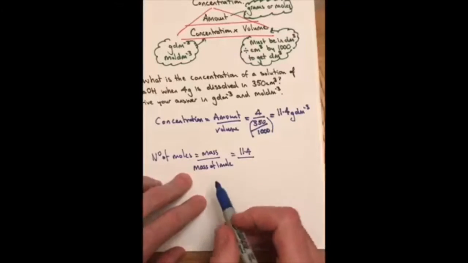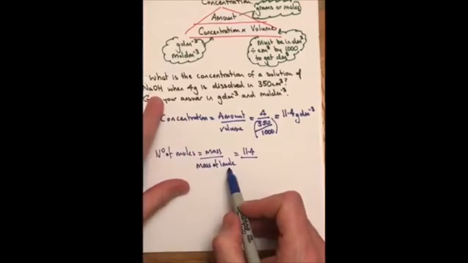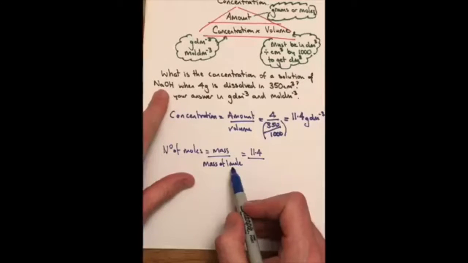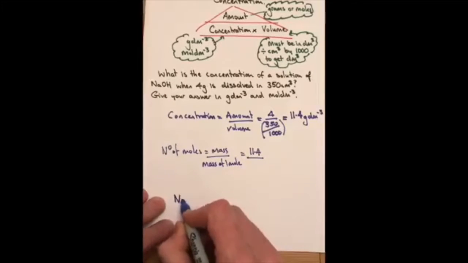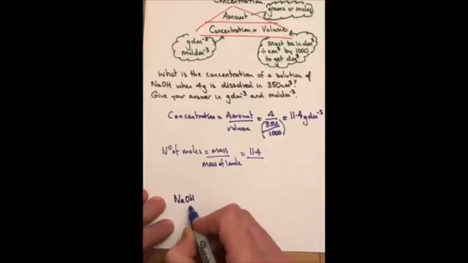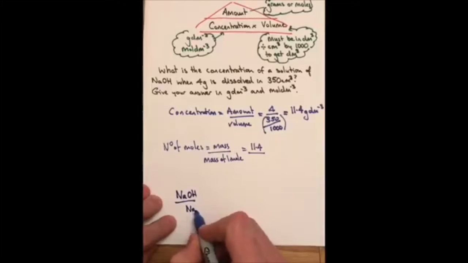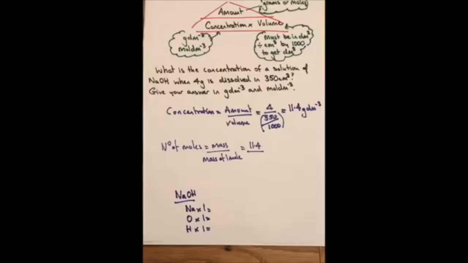And I've got to do some thinking here now, because this is the mass of 1 mole, and the chemical I'm talking about is sodium hydroxide. So what I've got to do is calculate the mass of 1 mole of sodium hydroxide. To do that, I'm going to take the sodium hydroxide, and there is 1 sodium, 1 oxygen, and 1 hydrogen. So I've got my 3 elements inside there.